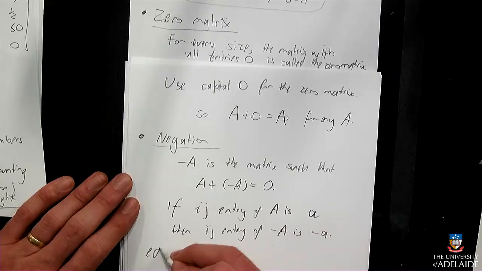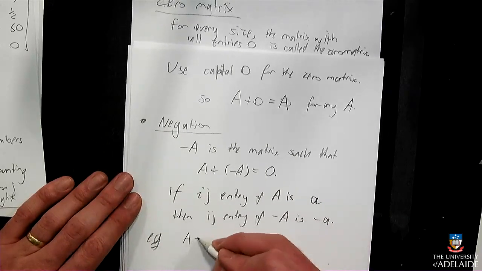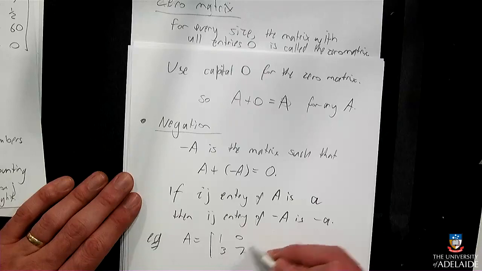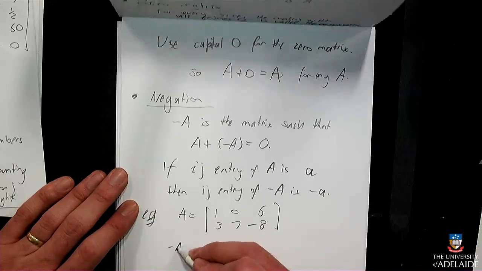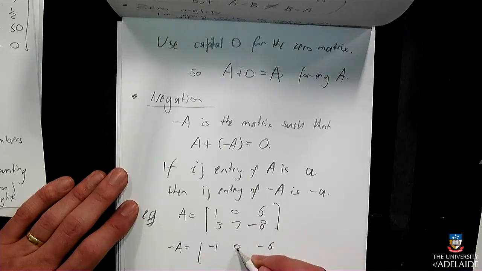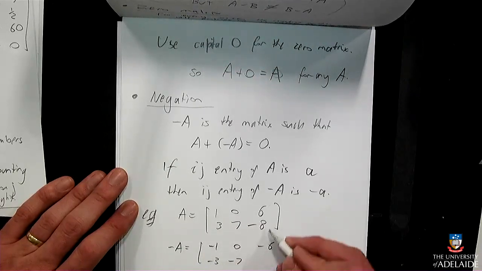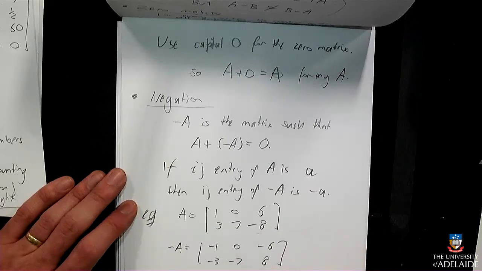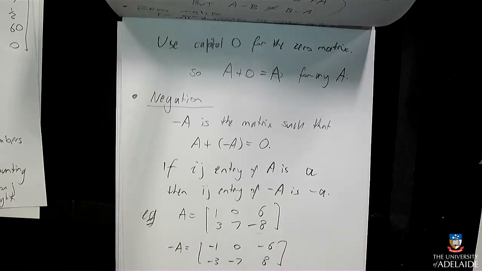And that deserves an example. If A equals 1, 0, 3, 7, 6, minus 8, like that, then minus A is just minus all of them. Now minus 0 is still 0, and minus 8 is plus 8. So it's not like they all become negative, they all become the opposite of what they were before.